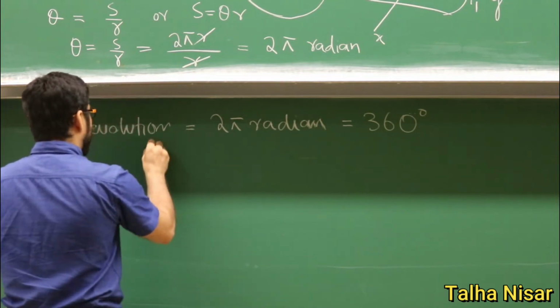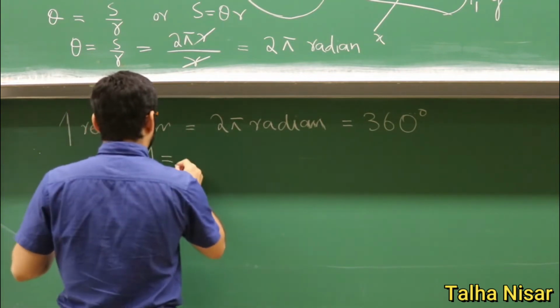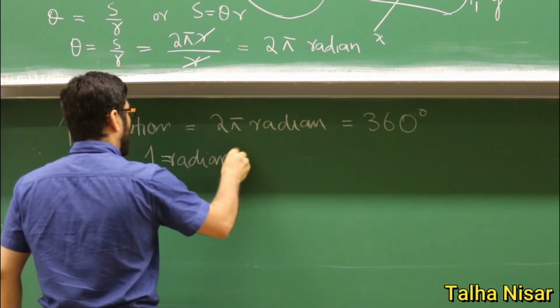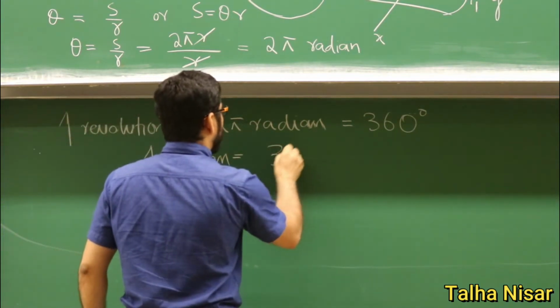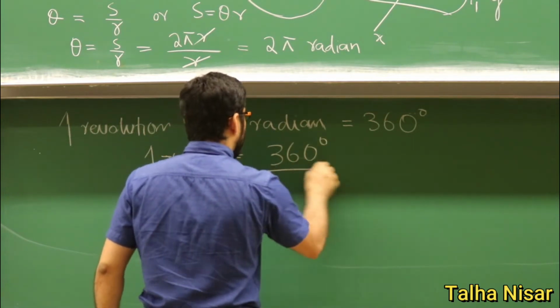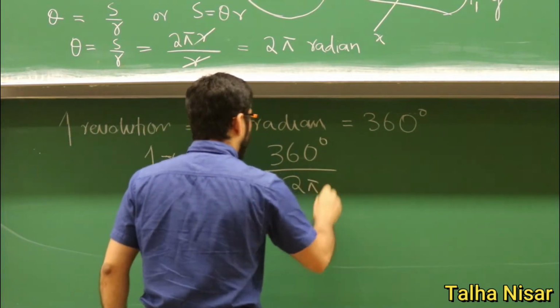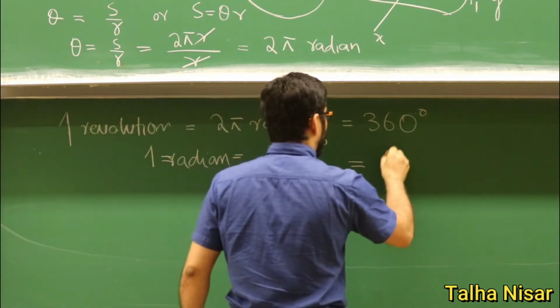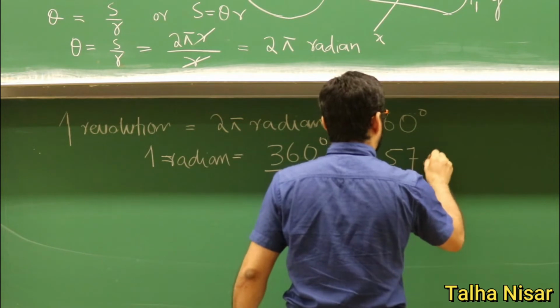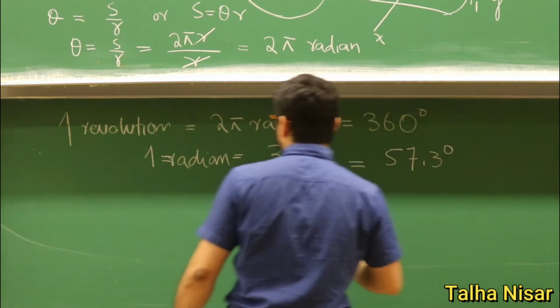So 1 radian is equal to 360 degrees divided by 2 pi, and that is equal to 57.3 degrees.